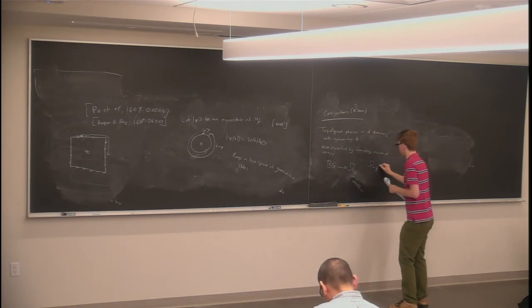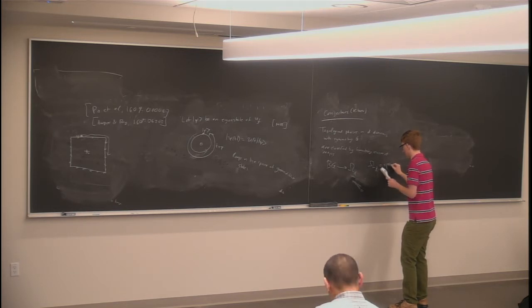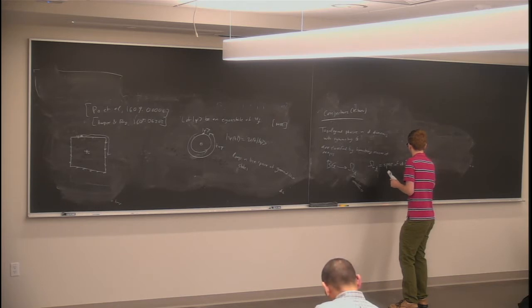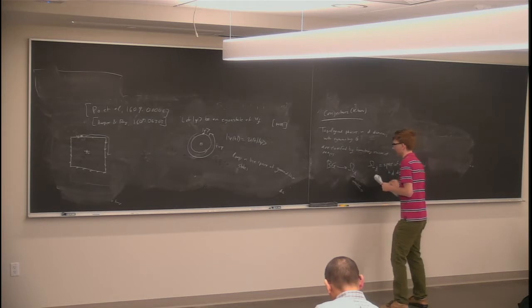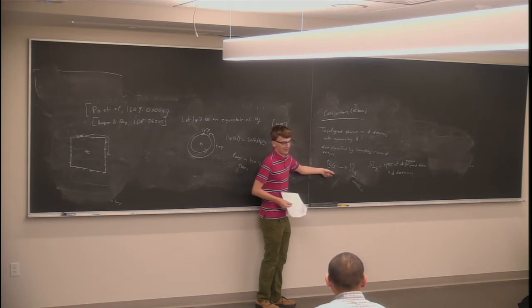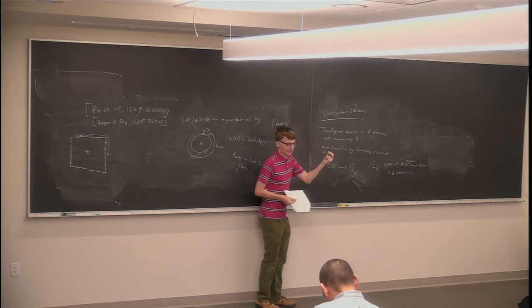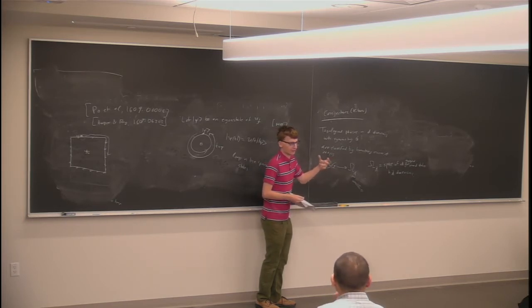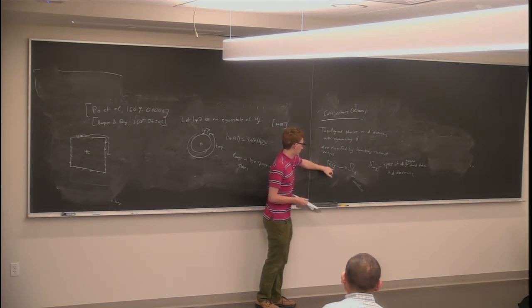So Omega d here is the space of all gapped ground states. And BG is this thing called the classifying space. When we have a group G, there is an associated topological space called the classifying space.